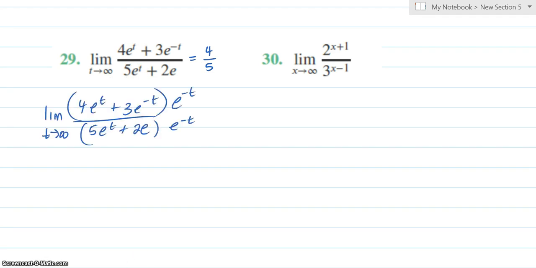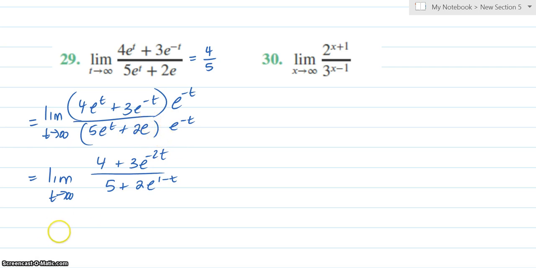I'm going to multiply top and bottom by e to the negative t this time, which is the same as 1 over e to the t, since this is the highest exponent in the denominator. So we end up with these canceling, just giving it a 4. This would be a negative 2t, since I would add those exponents. This would cancel, giving me just a 5, and then I'm just going to say 1 minus t there.